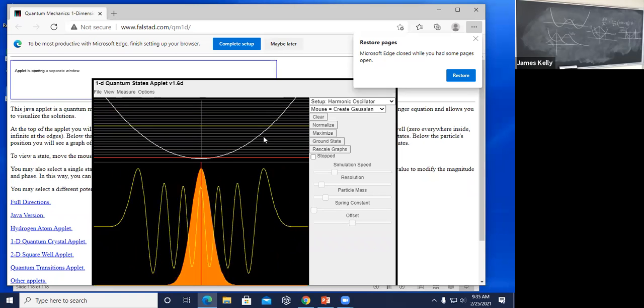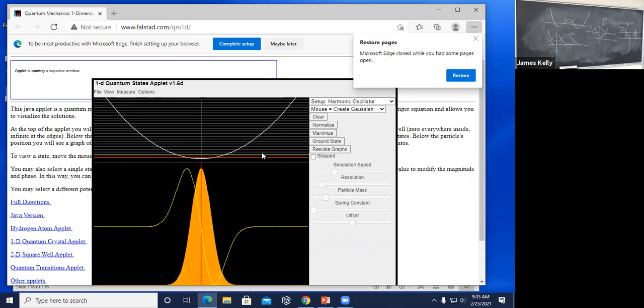And one thing that's worth remembering is that unlike the case for the infinite square well, where the energy corresponding to the energy eigenstates, E_n, was n squared pi squared h bar squared over 2ma squared, going up as the square of n.